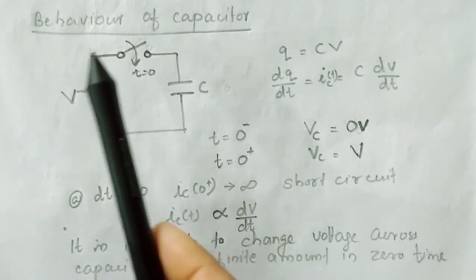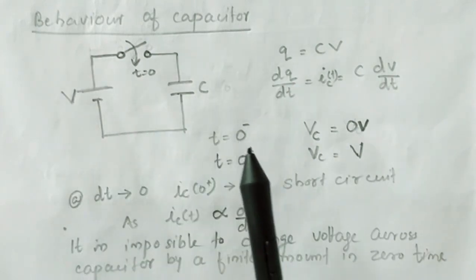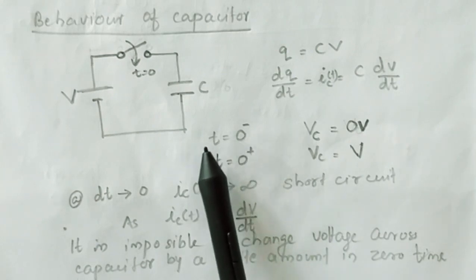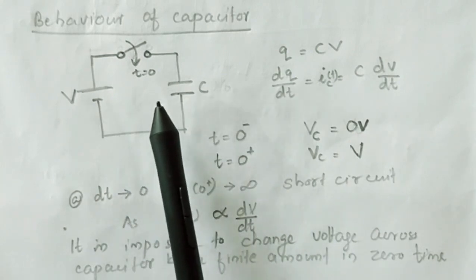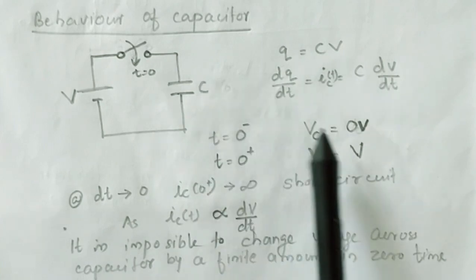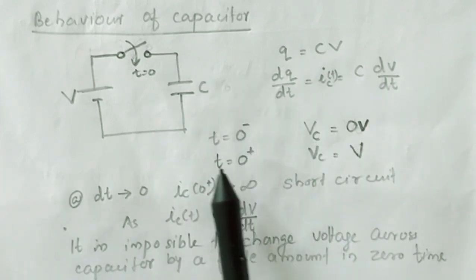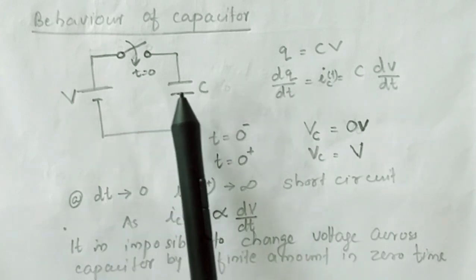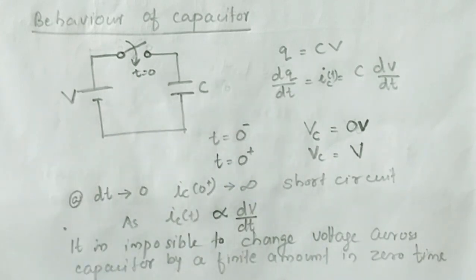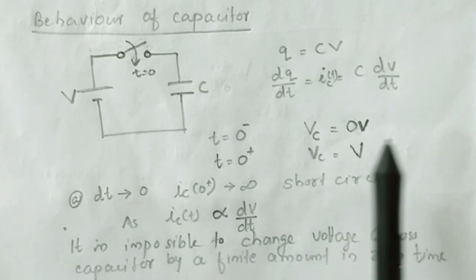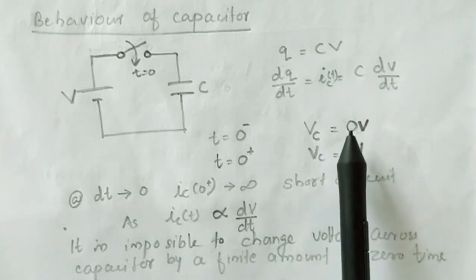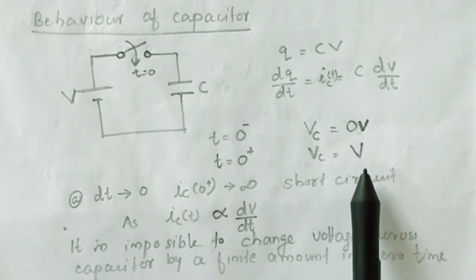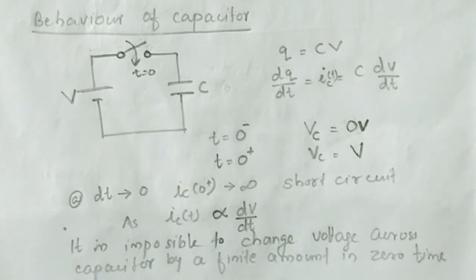So let's consider this circuit for that. At t equal to 0 minus, that is just before switching, the capacitor voltage is assumed to be 0 volt. Immediately after switching, that is t equal to 0 plus, the voltage across the capacitor becomes V. So within 0 time, it is not possible to have this much change in voltage across the capacitor.